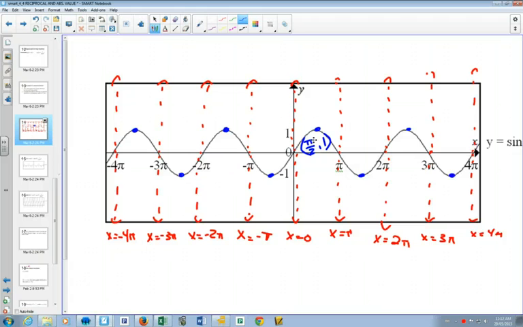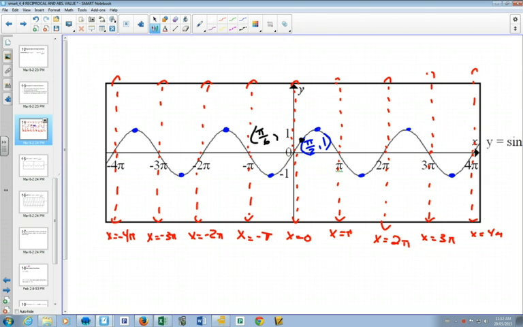Think of your pi plate. What's another point that you know on our original graph here? We know 2 pi, that's 0, but we've already got an asymptote there. What's another point on your pi plate that's not equal to 0 or 1 that you know? What do I get right here?